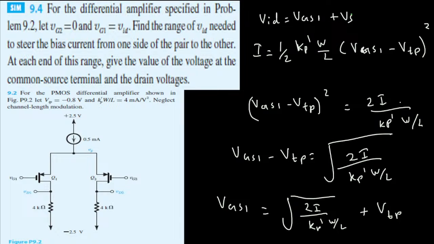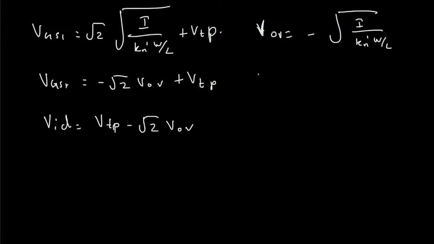If you look at this, here we have a plus Vs, and Vs is nothing but Vs is equal to negative VTP. Okay, so instead of Vs I can put a negative VTP right here, and from this one you can see VTP cancels. We will just end up with negative square root of 2 VOV.